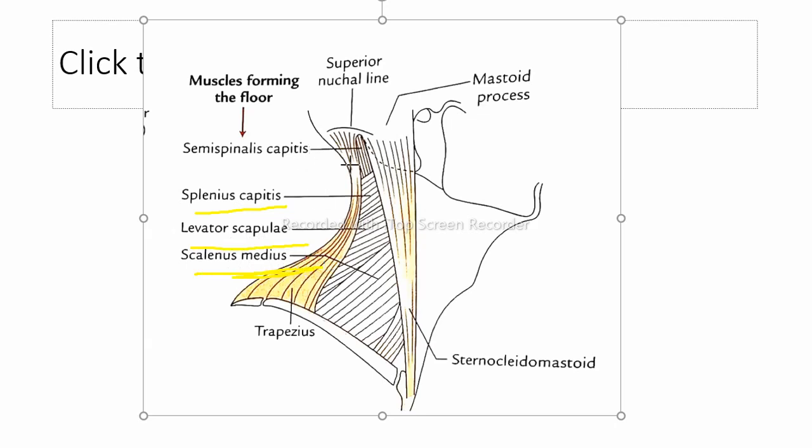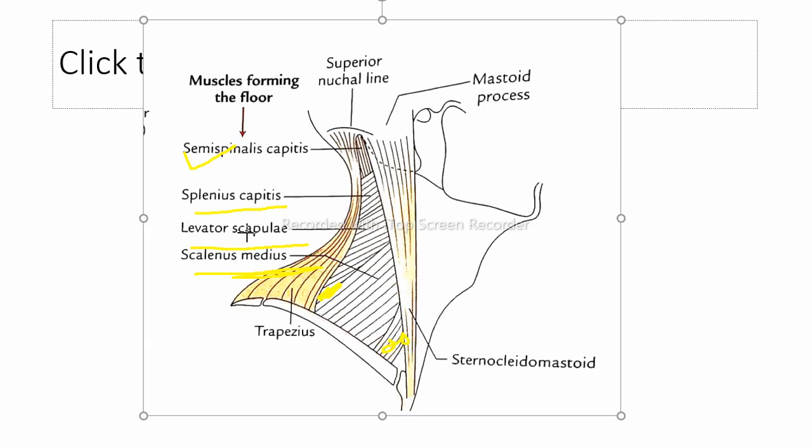The boundary is formed above by the semispinalis capitis, below by the scalenus anterior muscle, and also sometimes here we can see the scalenus posterior muscle.